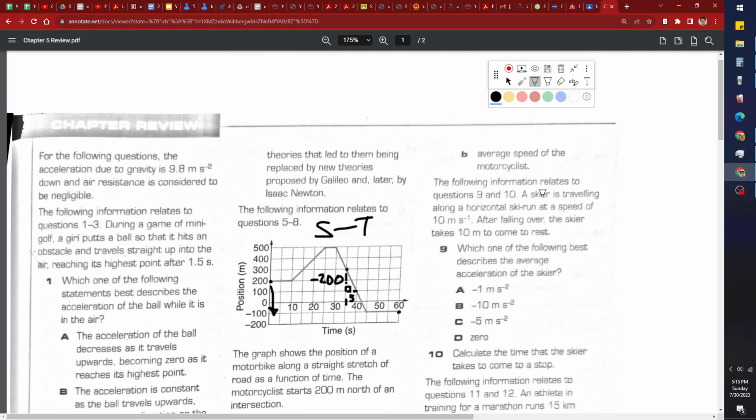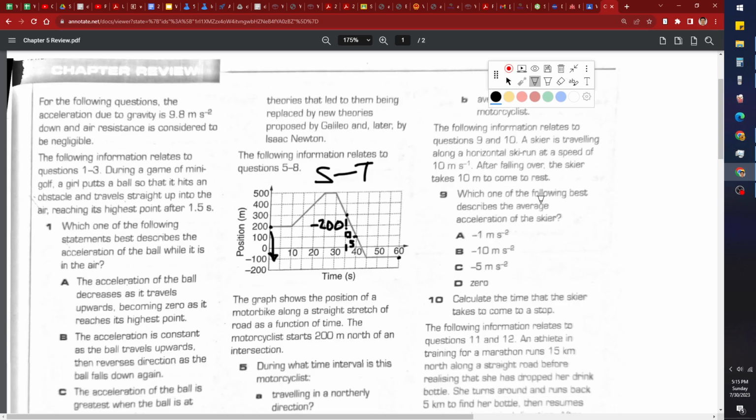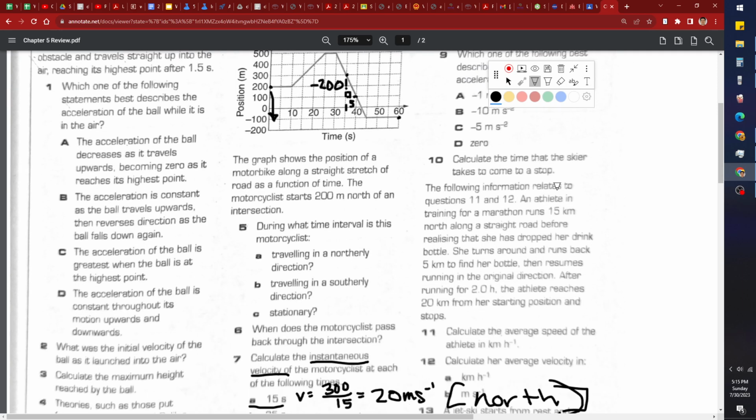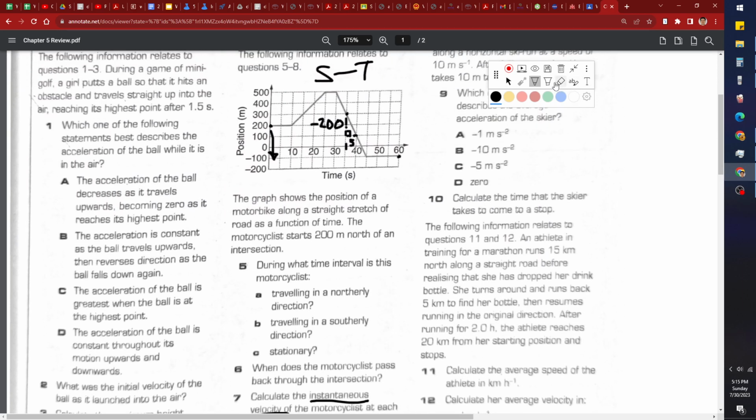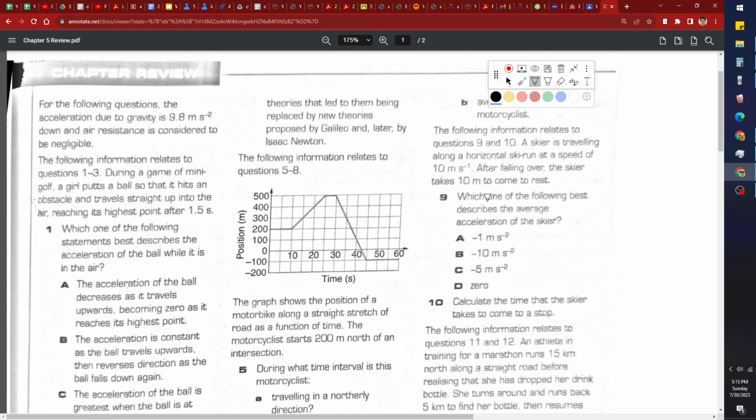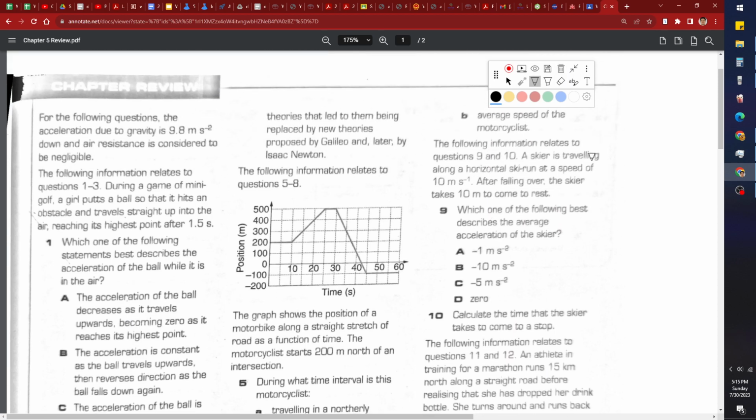We're going to go up to number 9 and 10, and the rest. Let me just clear some of this. A skier is traveling along a horizontal run at a constant, it looks like constant, 10 meters per second. After falling over, the skier takes 10 meters to come to a rest.